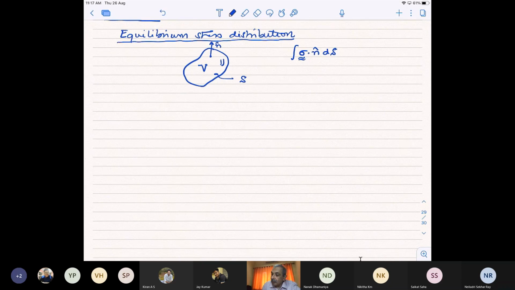So this is the total force acting on a surface element dS, and then if we integrate over the whole surface, then this is just equal to the body force on the system, which is the gravity force.